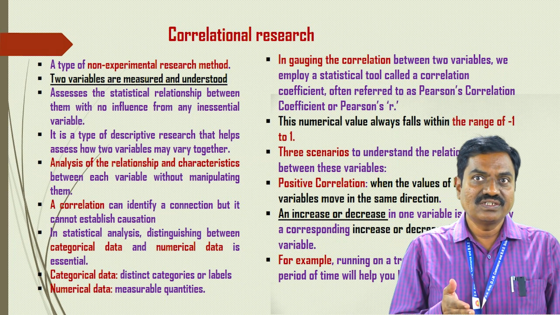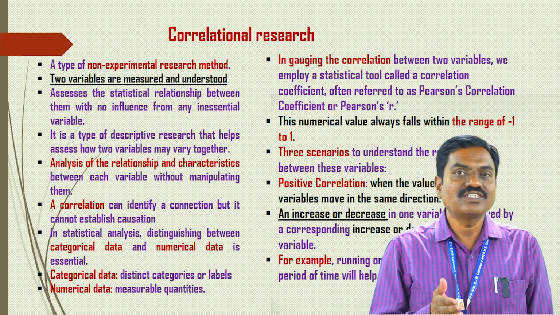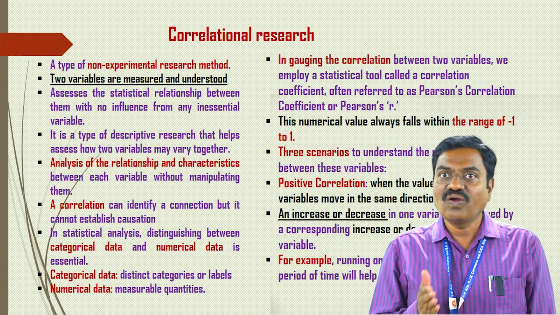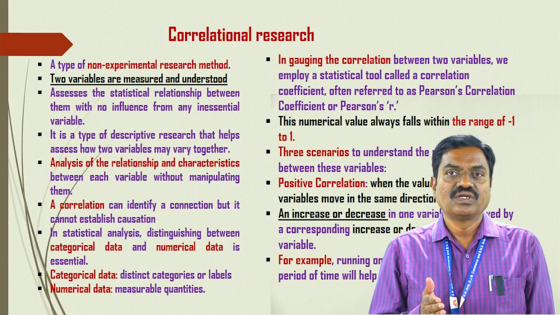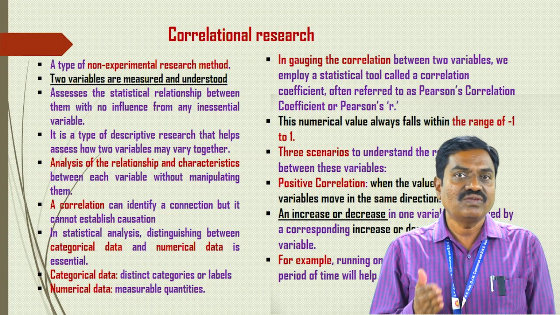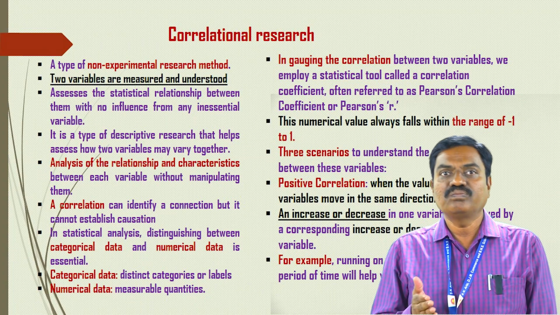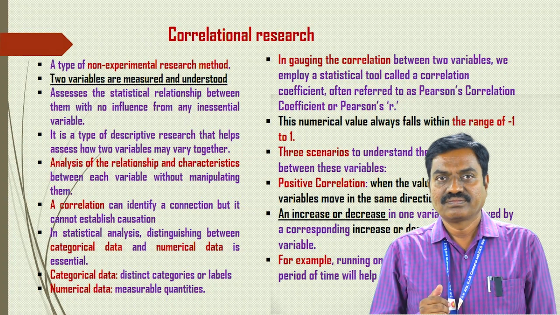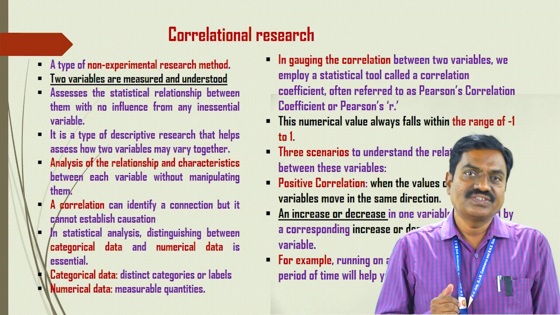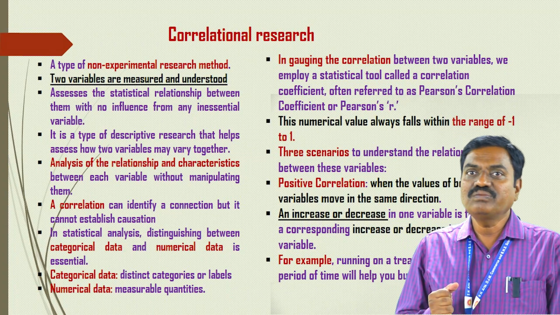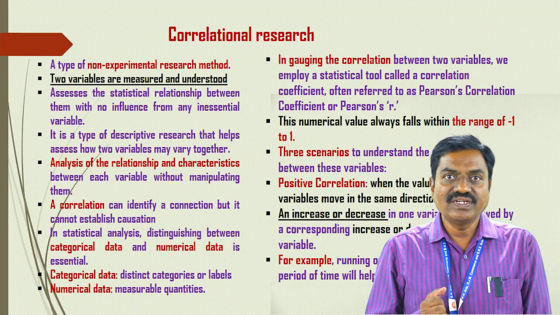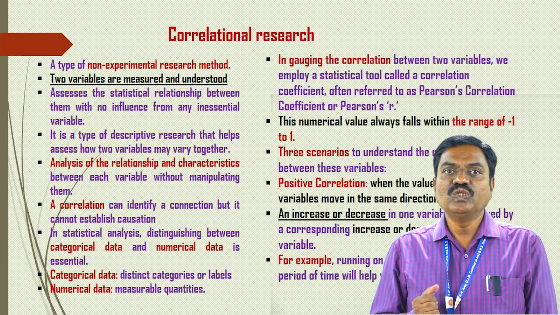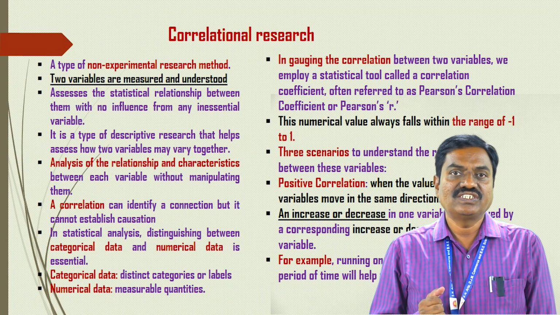A correlation can identify a connection, but it cannot establish causation or prove that changing one variable will directly impact the other in a cause and effect manner. In statistical analysis, distinguishing between categorical data and numerical data is essential.